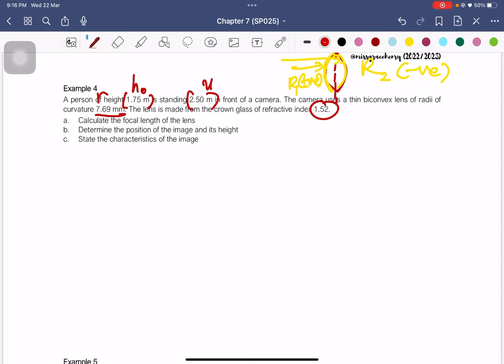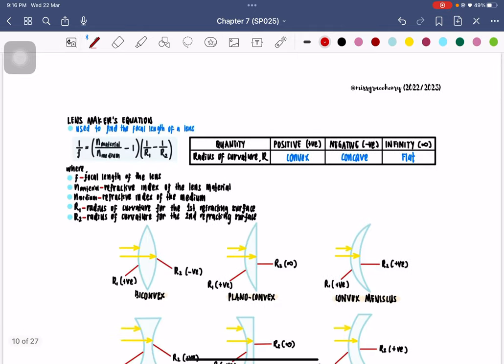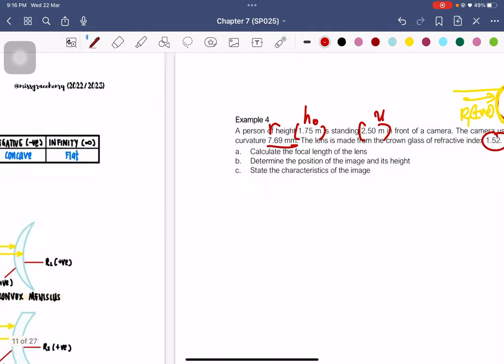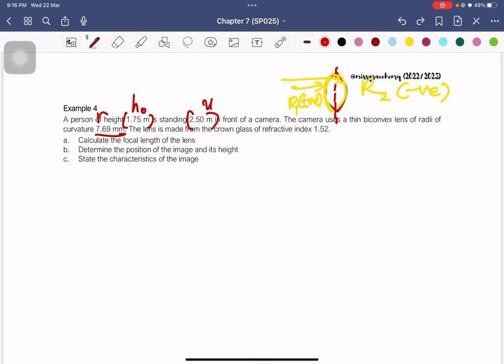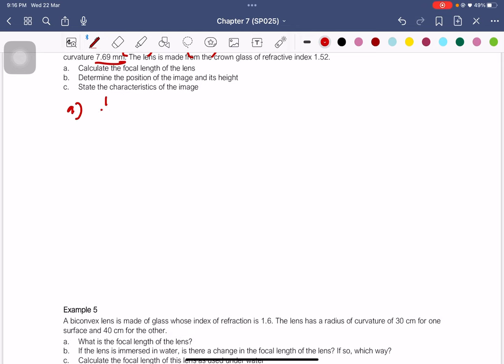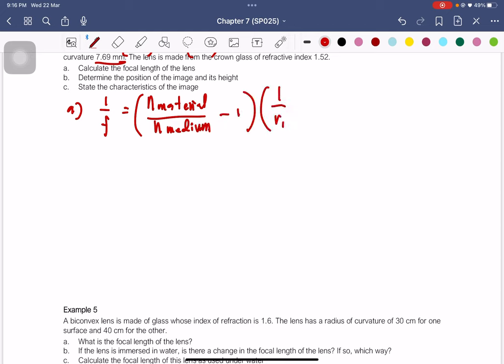So we have to calculate the focal length of the lens. So how do we do that? We are going to use the lens maker's equation, which is 1 over f equal to n of the material over n of the medium, minus 1, times 1 over R1 minus 1 over R2.